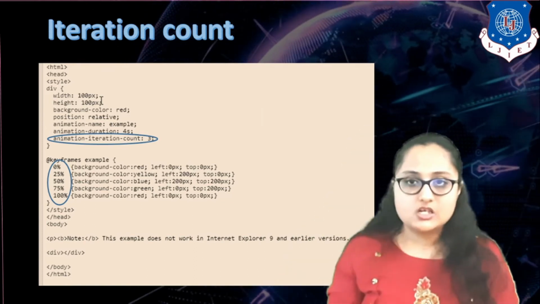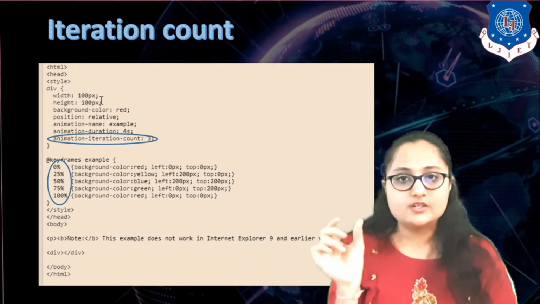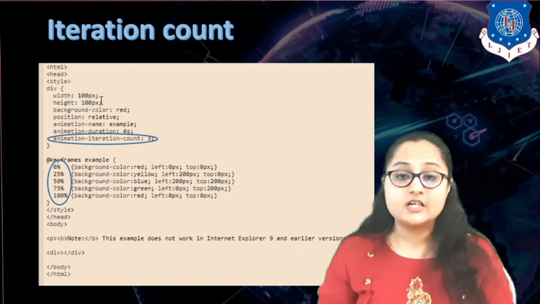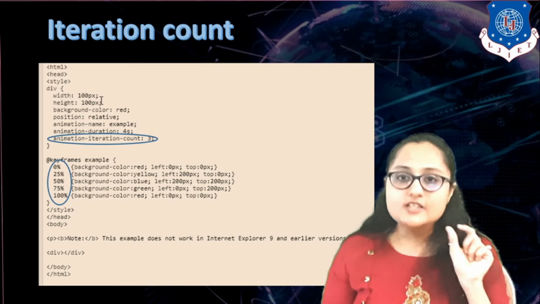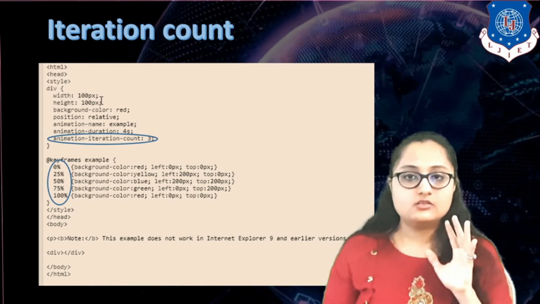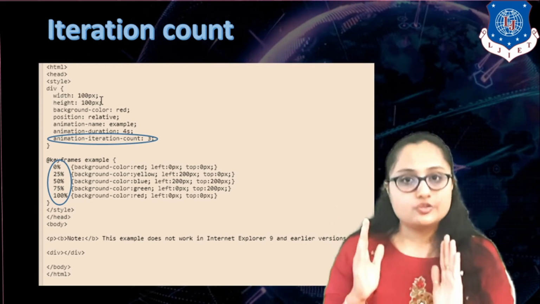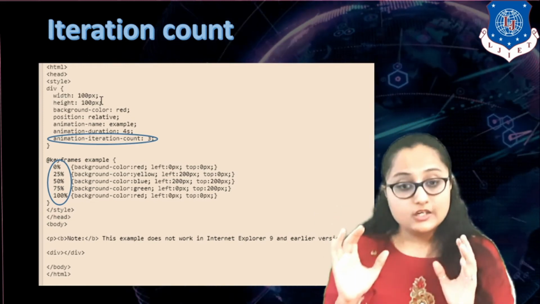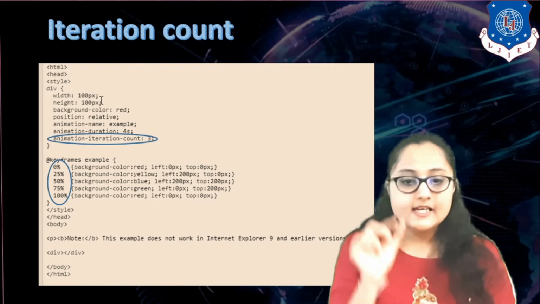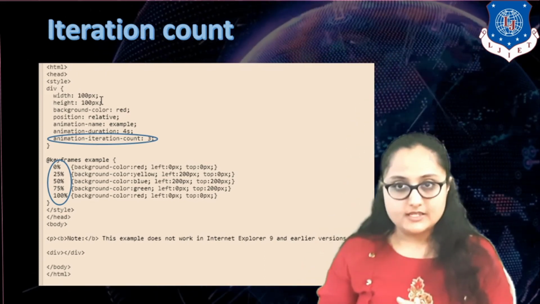Along with this iteration count, I have specified the style change in keyframes differently. So here you can see 0%, 25%, 50%, 75% and 100%. So they are telling that at 0%, that is at the start of the duration of your animation, your background color should be red, your division should be left 0px and top 0px, right?